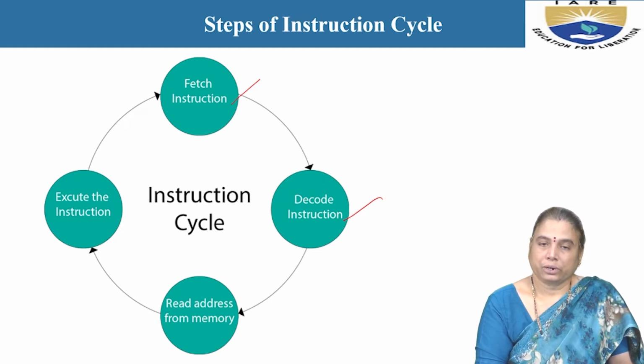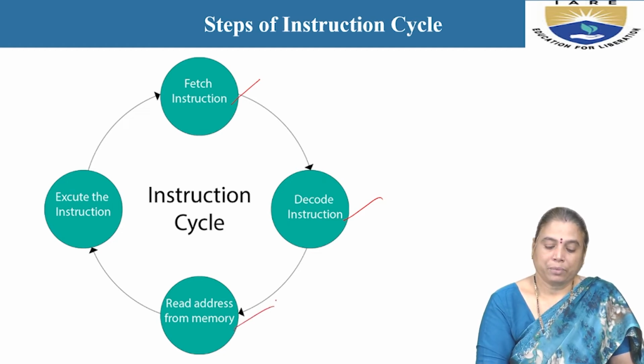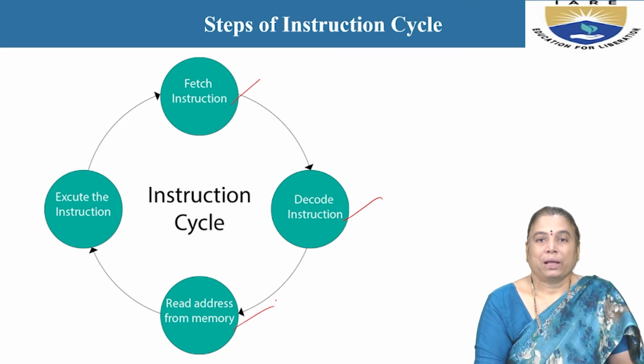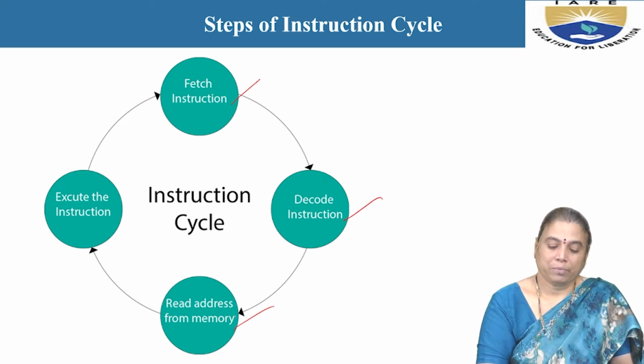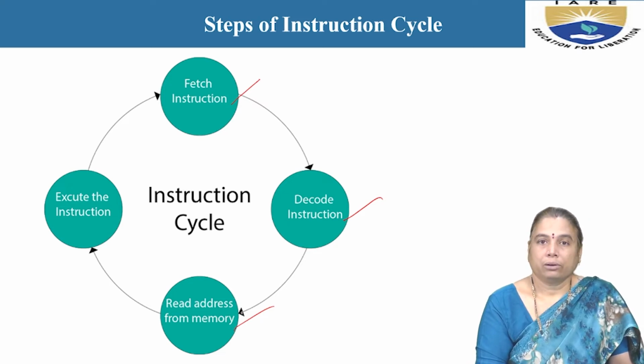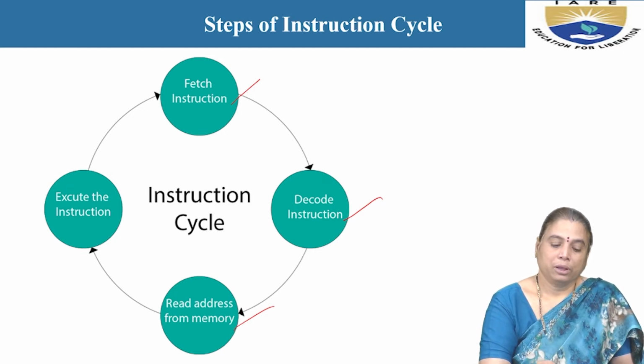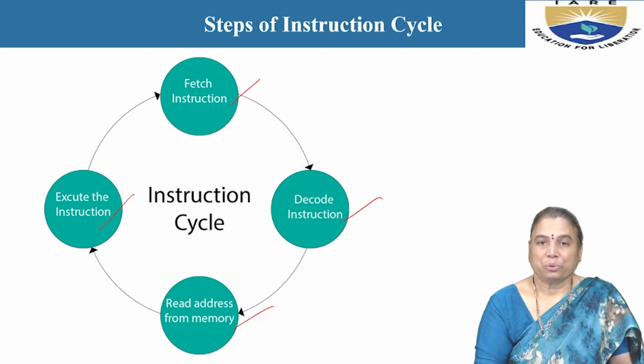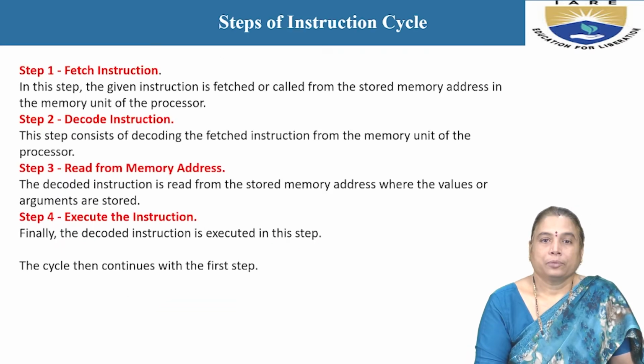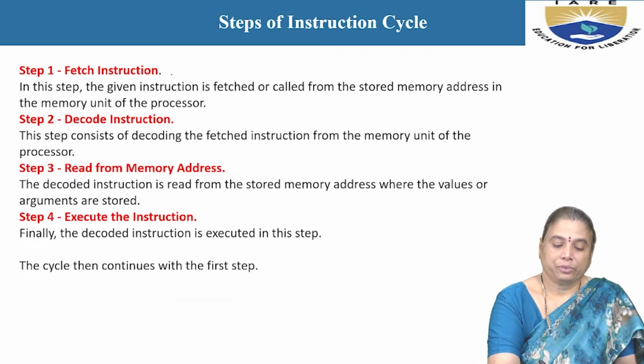Read the address from the memory: to perform micro operations, the operands are fetched, so the effective address of the operand is identified in the third phase. So the operation is specified and the operands are readily available. The fourth step is to execute the instruction.